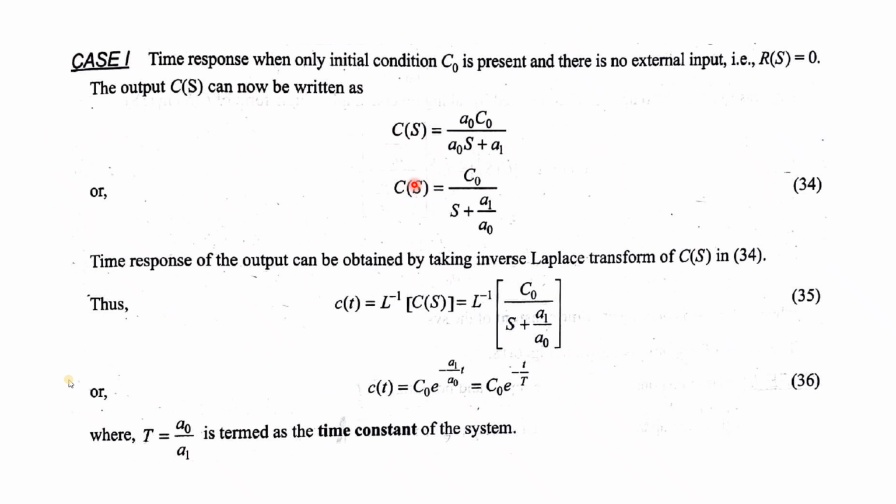After conversion, you check the response. Then when you get the output, that means Cs equals something, you perform the inverse Laplace, then write it in terms of time domain. Then you show the output. This is the output response. Okay? Did you get it?